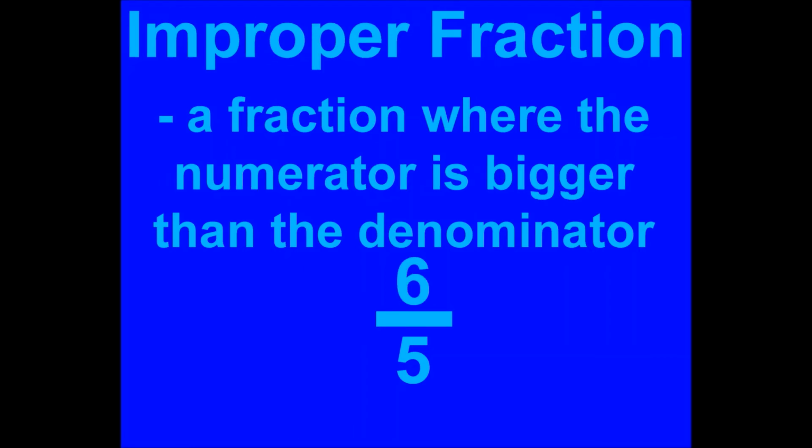An improper fraction is a fraction where the numerator is bigger than the denominator. In this example, 6/5 is an improper fraction because 6 is larger than 5.